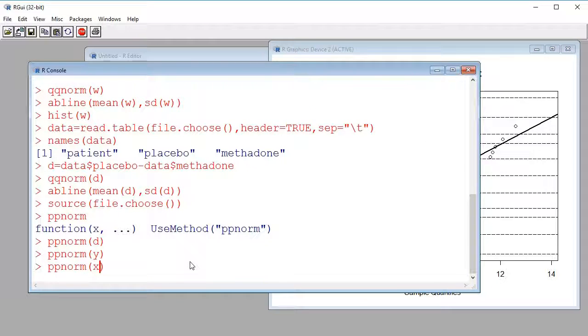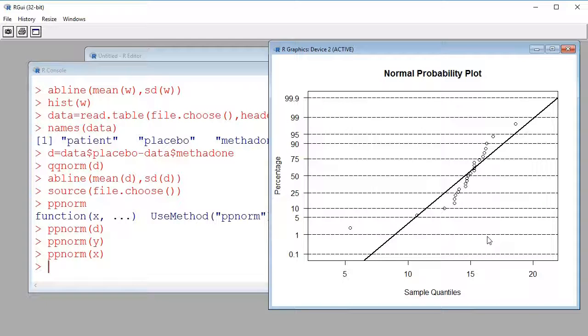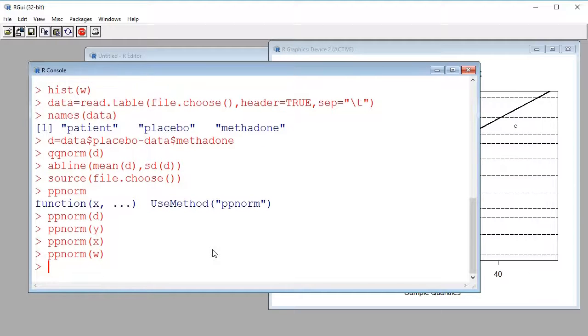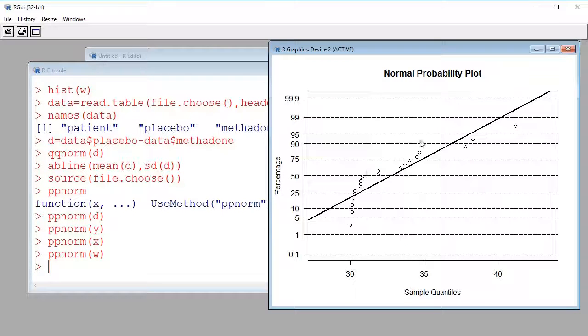If I do ppnorm of x, here again we're not following the expected line, so it's not reasonable to assume that we have a sample from a normal population. And then I do ppnorm of w, and then again we see a curvilinear tendency here, so it's proof against normality. It would not be reasonable to assume that this is a sample from a normal population.